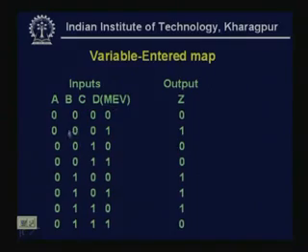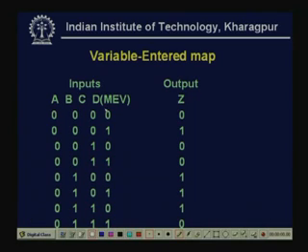That is the truth table, the tabular representation. Now see, for this particular function, I have kept ABC as the K-map variables, and that means I have taken my D as the map entered variable.